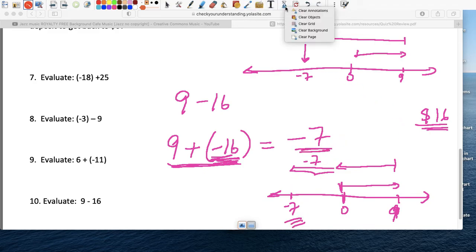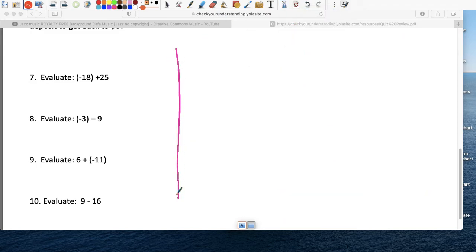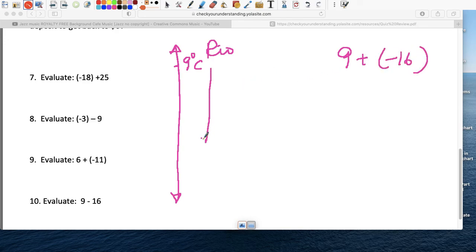Okay. Temperature. Again, let's go backwards. Let's say you're in Rio, right? And in Rio right now it's 9 degrees Celsius, which is chilly. And what's happening to that temperature? It's going down, right?